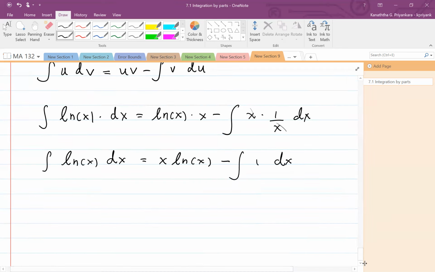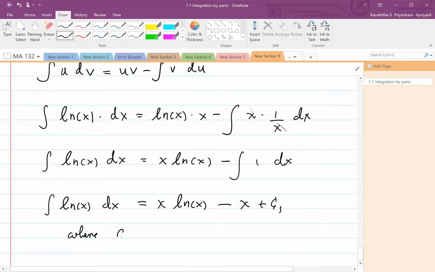So we get the integral of ln x dx is x ln x minus x, and we have to introduce a constant c. So that would be the answer. So sometimes you can use integration by parts to figure out the antiderivative of a function when you don't know its antiderivative.